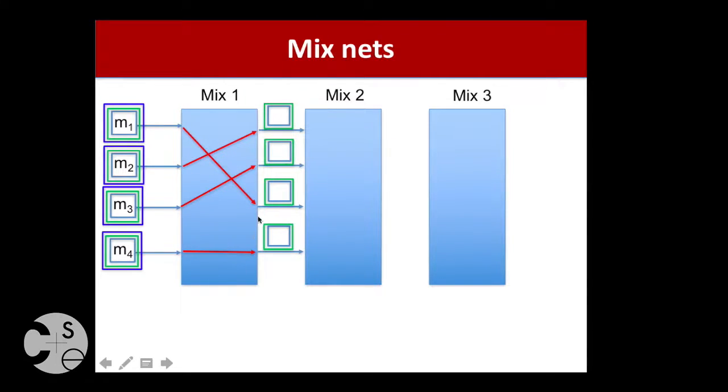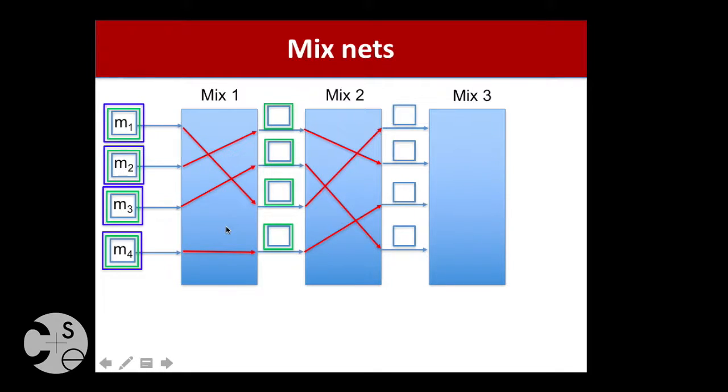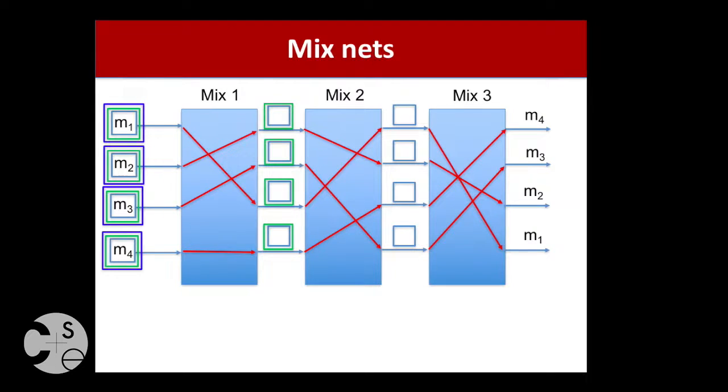So the permutation that the mixnet did here remains secret. An observer can't figure out what that permutation is. Then the second mix is going to do the same thing. It's going to strip out one layer of encryption and permute. And then finally, the third mixnet is going to strip out the last layer of encryption and permute again. And now you have a list of messages.